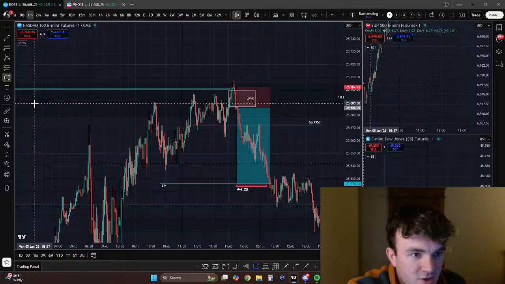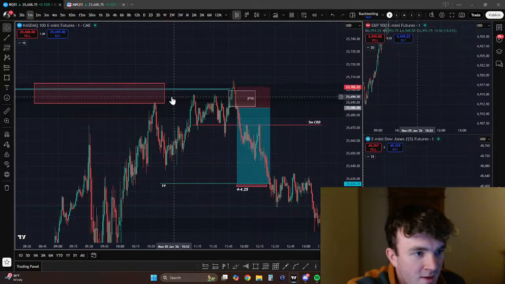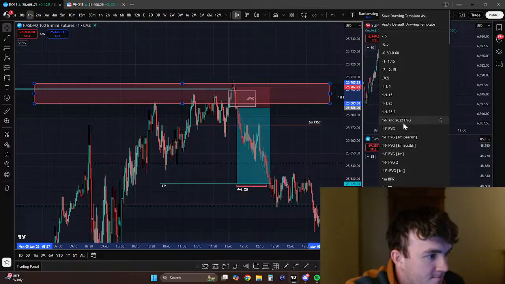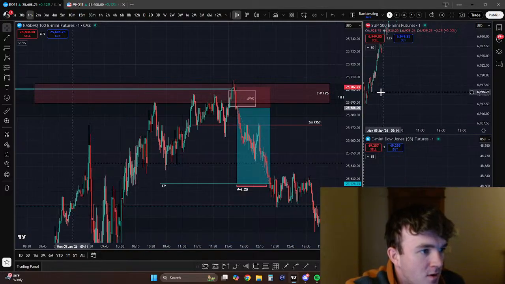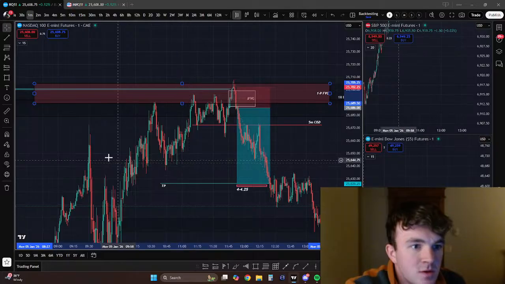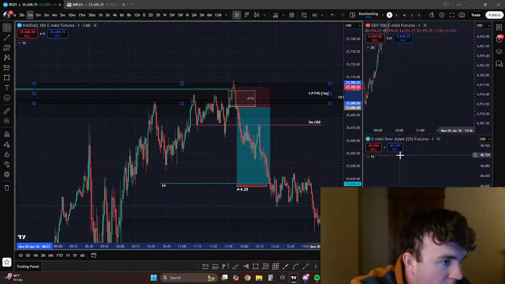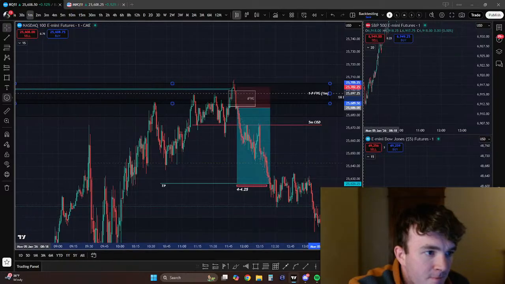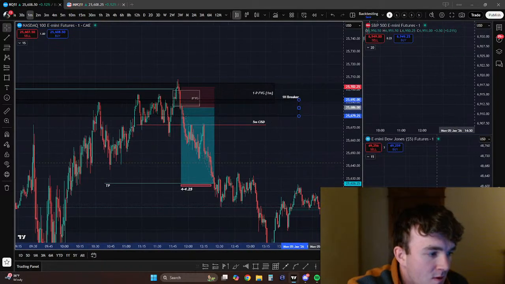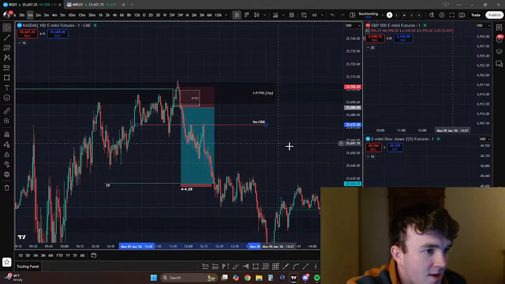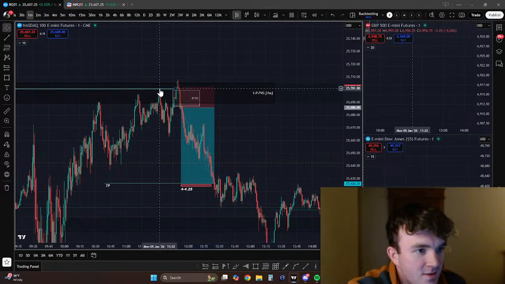So this was actually first strike right here with the inversion for value gap. Yeah, I'm going to completely get rid of the other stuff here.